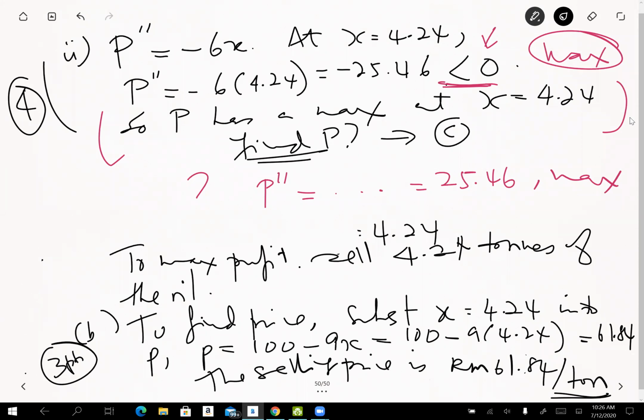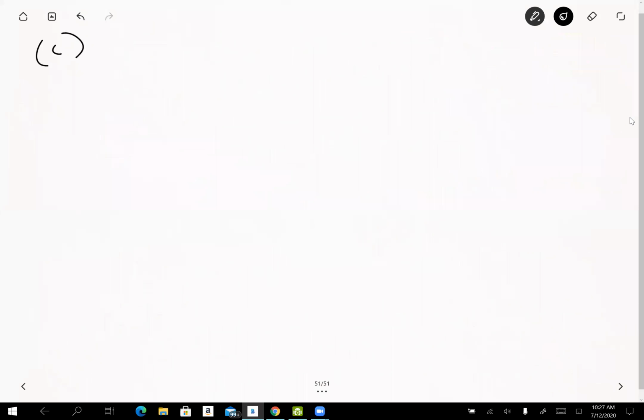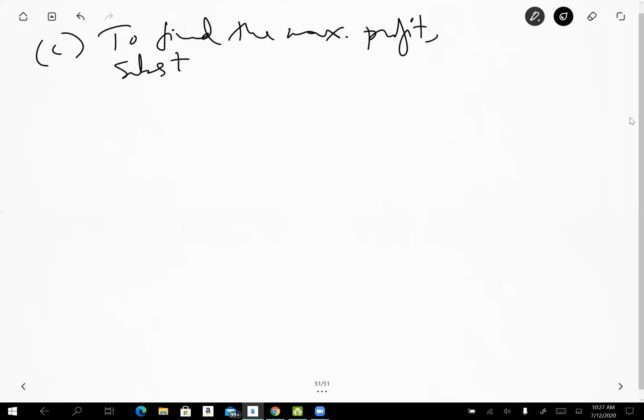Okay. And then for part C, if you do it there, then you answer C already. But many people find the P in part A here, and then in C, you do it again. That will be okay. So part C, you find the profit. To find the maximum profit, you substitute again x equal to 4.24 into the P function.